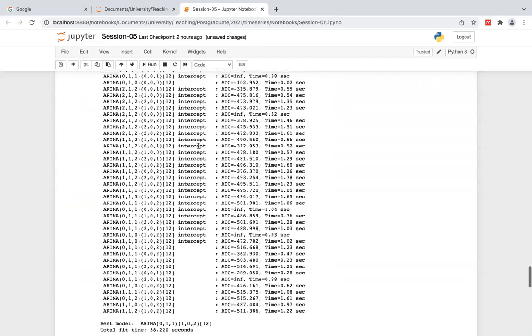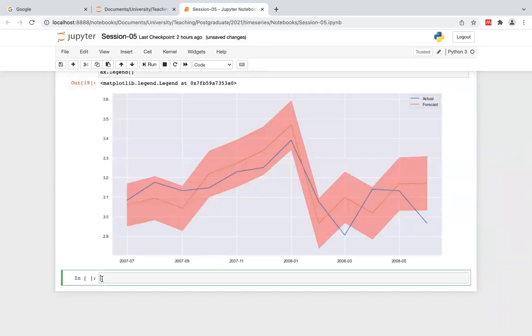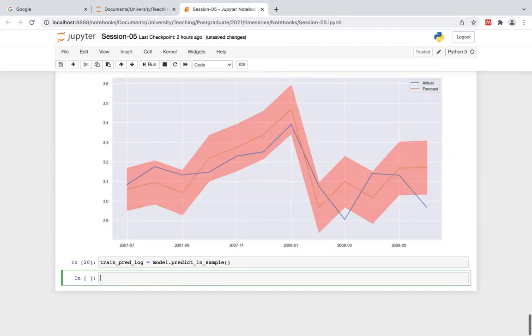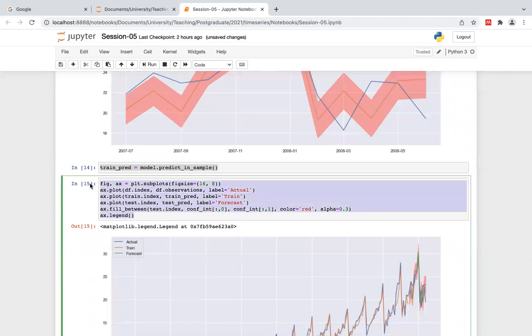Okay, then let's see the training data as previously. Training data predictions. Training data prediction with log. Then I run it. Then I copy this code block again.